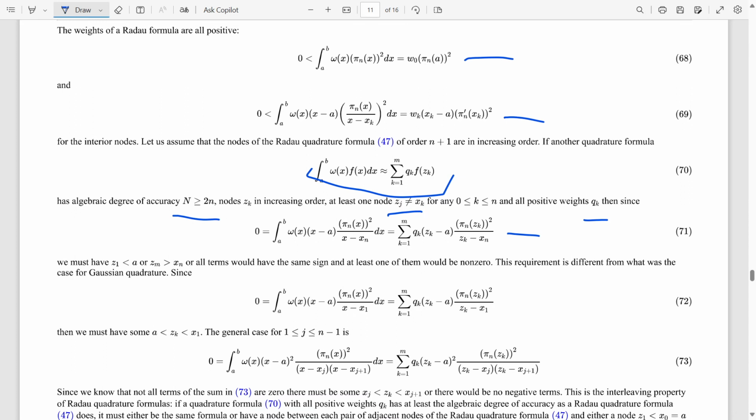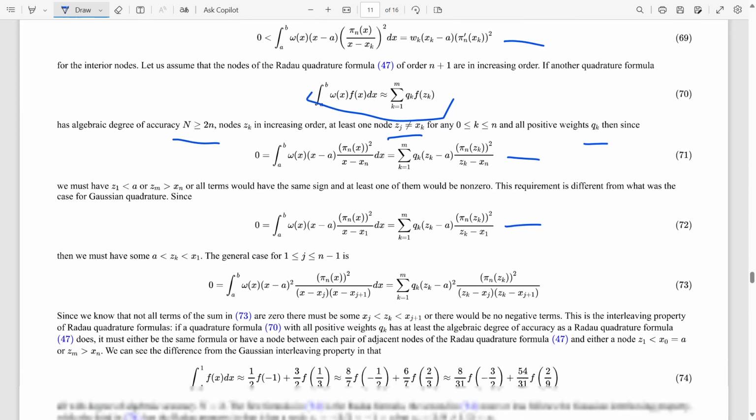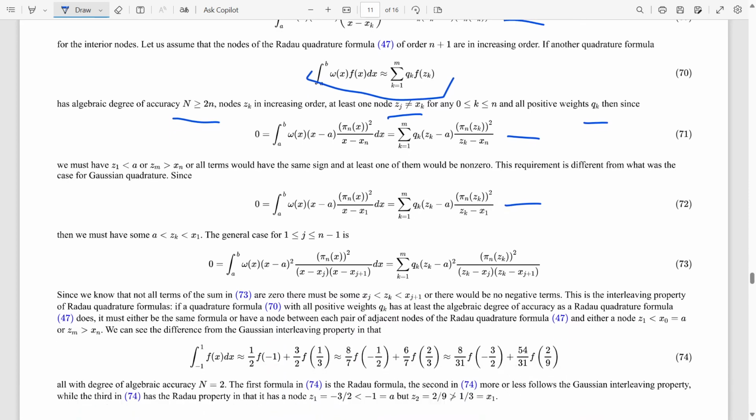There must also be a node between A and X1 because of this little equation, and between any pair of interior nodes.